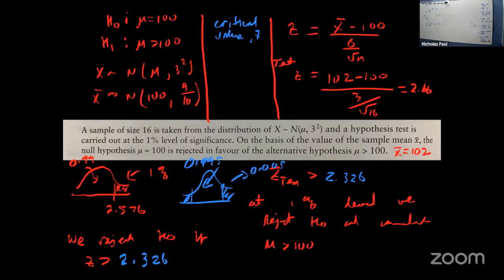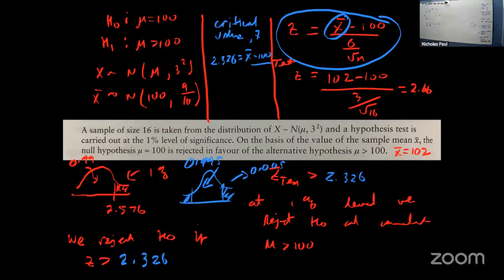All right? Good thing I'm reading the table. The question asks for the critical value, right? So what is that critical value? If you look at this formula here, if I solve for x bar, I can find the critical x bar value. That's called the critical value. So if I know that the z value I'm working with is 2.326, then (x bar, which I'm trying to find, minus 100) all over sigma root n.